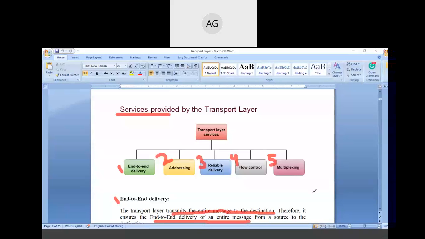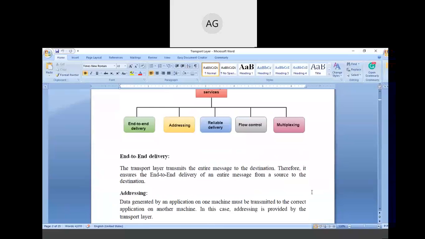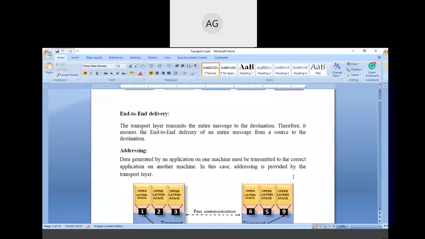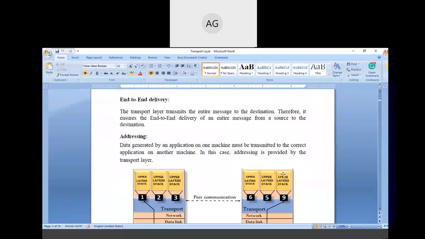As we studied in our last class on packet switching, our whole message is divided into small packets, but in the case of the transport layer, it supports end-to-end delivery. It means that it transmits the entire message to the destination in one go. That's why the service it supports is end-to-end delivery.